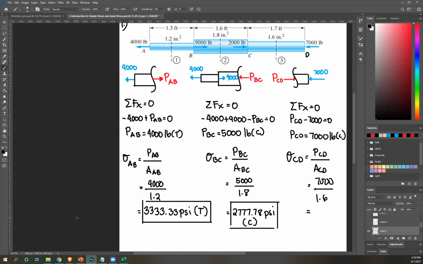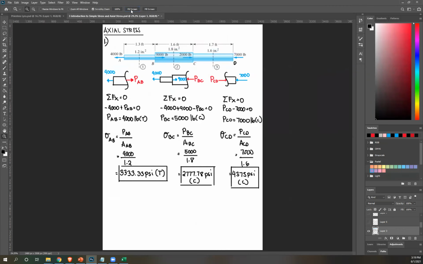Right, it's 4375. 4375 PSI compression. So when dealing with normal forces, please indicate whether it is tension or compression. Okay, that's number 1. Any questions for number 1?